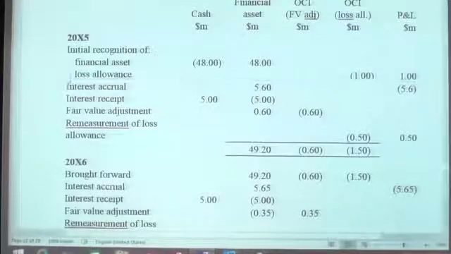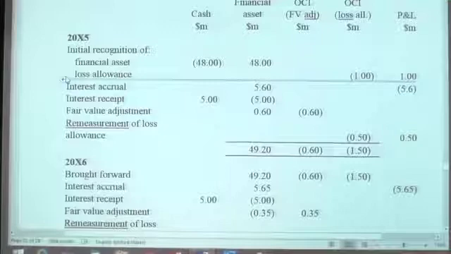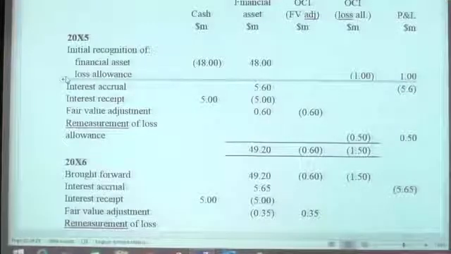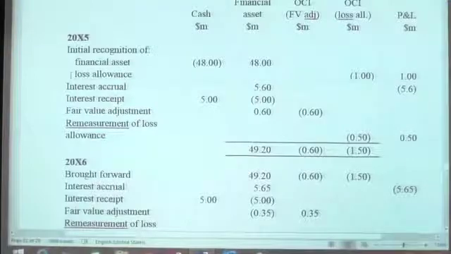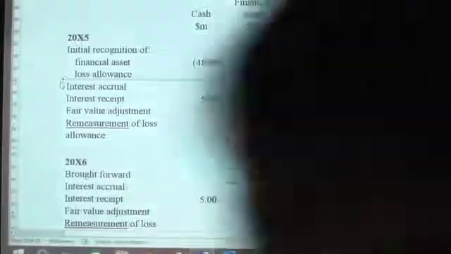Don't think of it as a minus, it is a credit entry. Debit entry is taken as a plus, credit entry is taken within the bracket. Got it? Now from this point on above, the purchase of financial asset and the loss allowance entry. The important point, loss allowance entry, right?